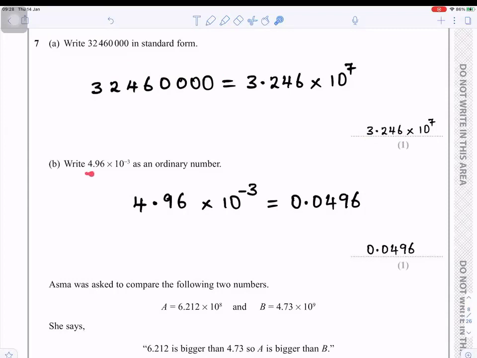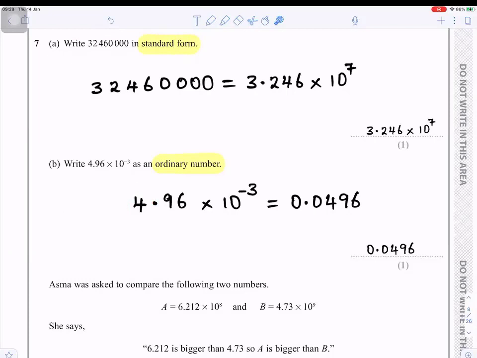Write 4.96 times 10 to the minus 3 as an ordinary number. To write it as an ordinary number, we have to count. It's 10 to the minus 3. So we move the decimal place 3 places towards the left. 1, 2, 3. And under those arches, we put a 0.